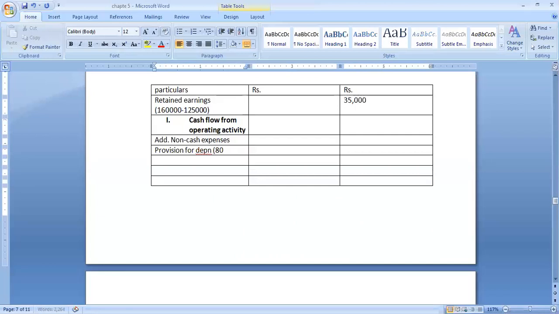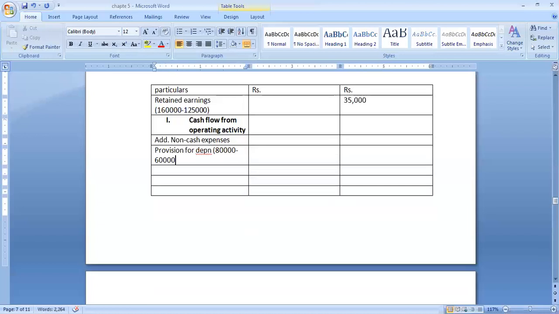Fine. Here it is 80,000 minus 60,000. So what is the value you got? It is 20,000. Fine. It is a provision for depreciation. And also take the dividend paid.